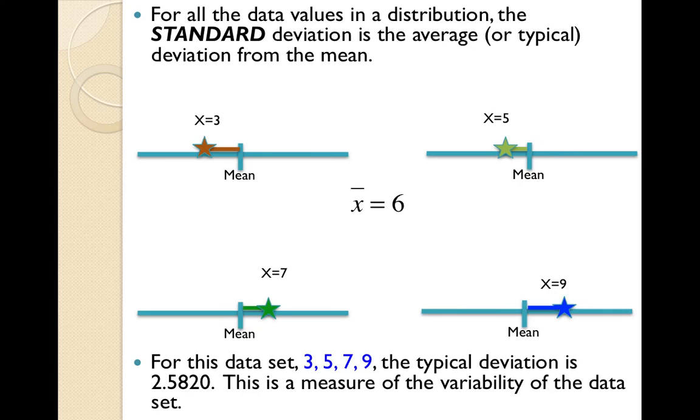This is a measure of the variability of the data set, a measure of how variable our data set is. So 3, 5, 7, and 9 have a measure of variability of 2.5820.